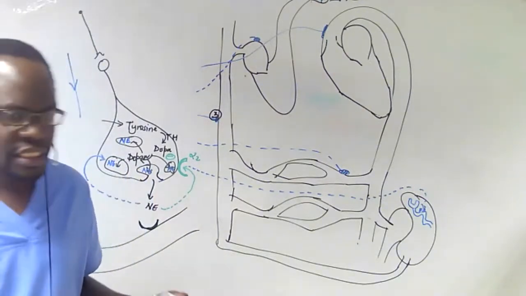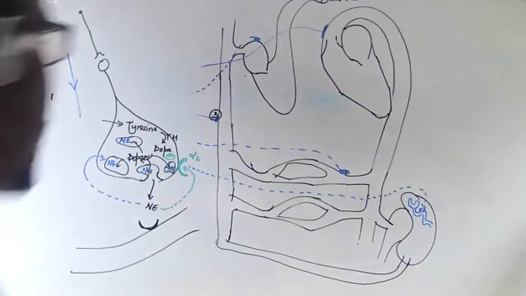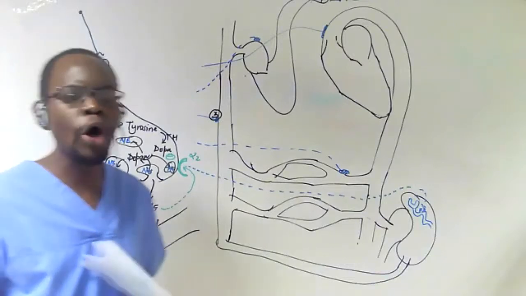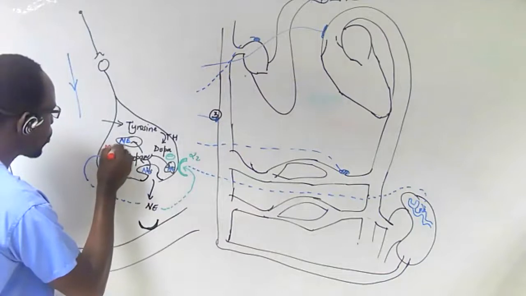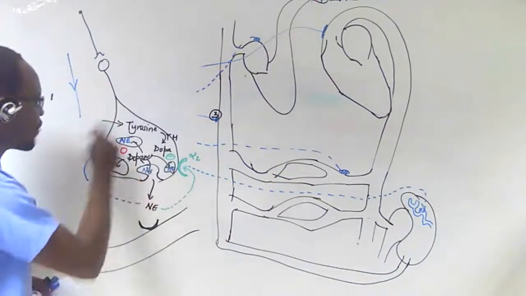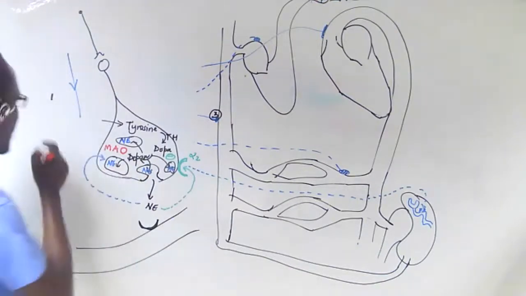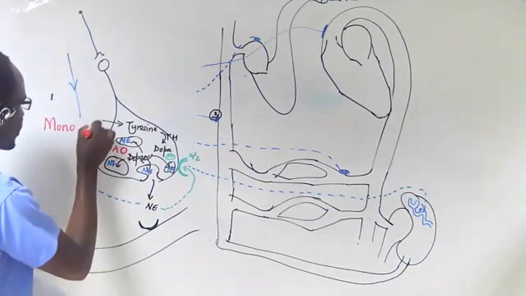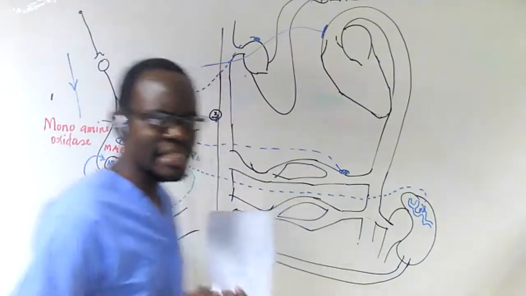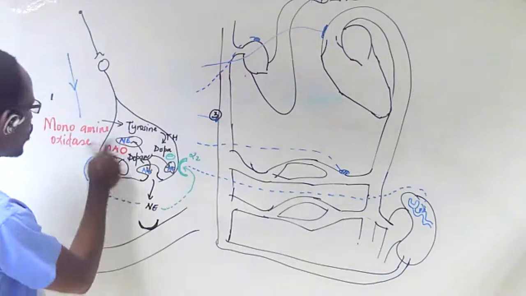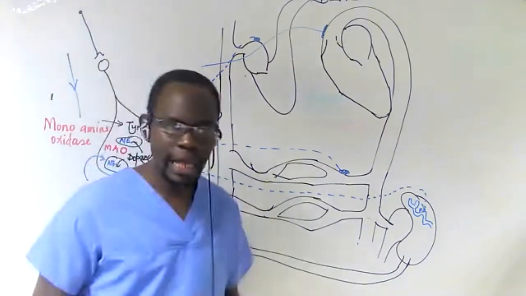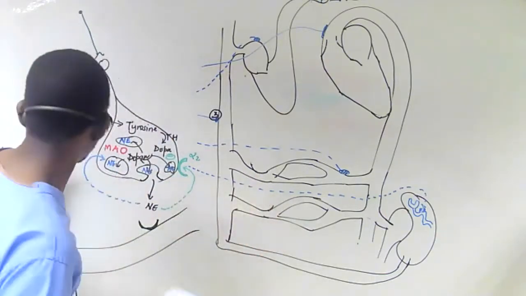Also worth mentioning is that outside of the vesicles, within the nerve ending, we have an enzyme called monoamine oxidase, MAO. What monoamine oxidase does is that if we have a monoamine, like norepinephrine or dopamine, that is outside of the vesicles, then it is destroyed by this enzyme.